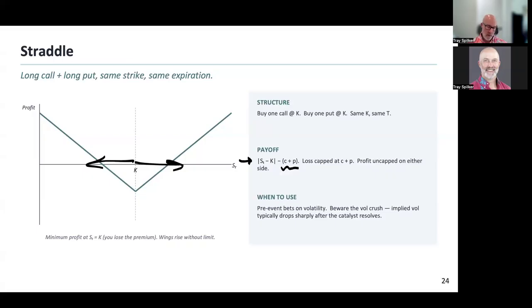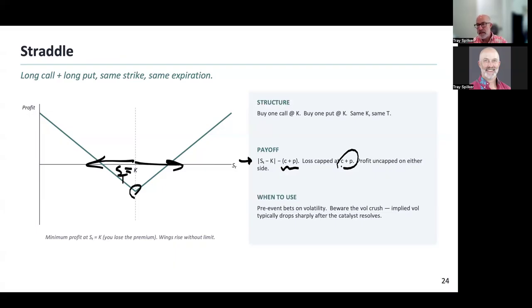Our total losses, of course, are going to be capped, which is basically if the share price is equal to the strike price at maturity, then our max loss is pinned at however much we paid for it. Again, this is a pre-event bet on volatility.